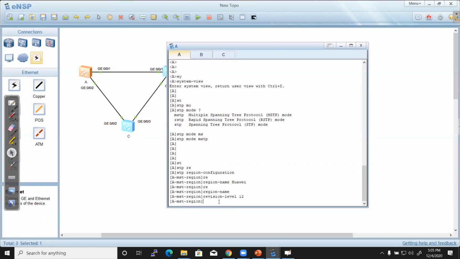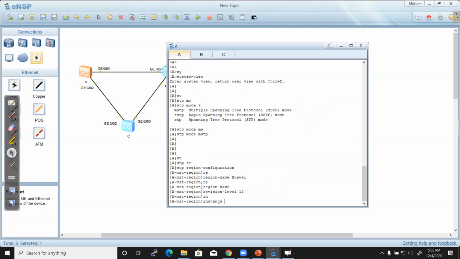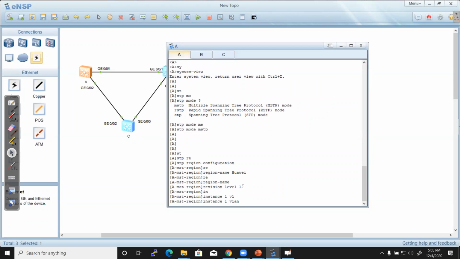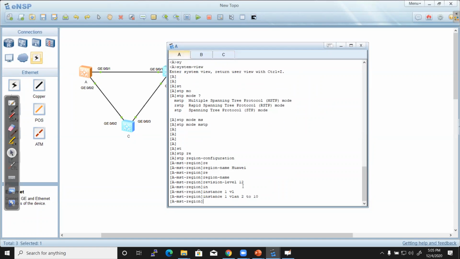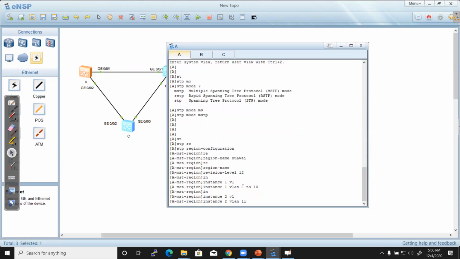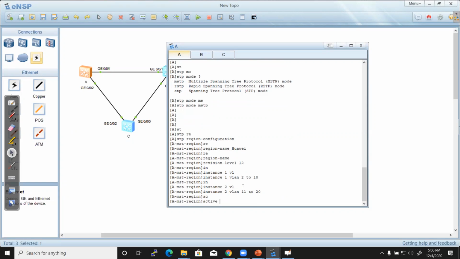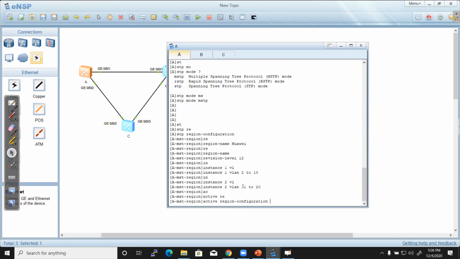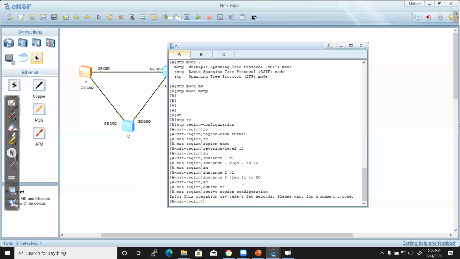And you need to create 2 instances. For example, I will create instance 1 and I will map any number of VLANs. For example, I'm going to map VLAN 2 to 10 with instance 1. Then I will create another instance, instance 2, and I will map it with VLANs from 11 to 20. And then I will activate these regional configurations, and that's it.